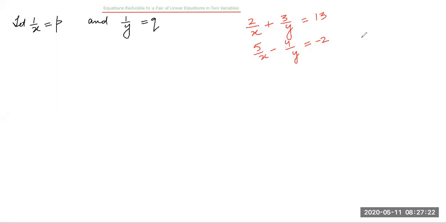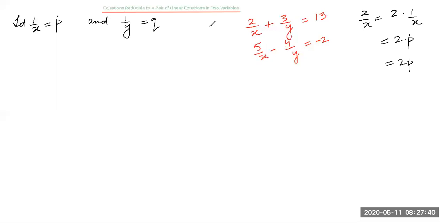Now students, you see here 2 by x, I can write like this, 2 into 1 by x. Now 1 by x I have assumed as P, so this becomes 2 into P, that is 2P.